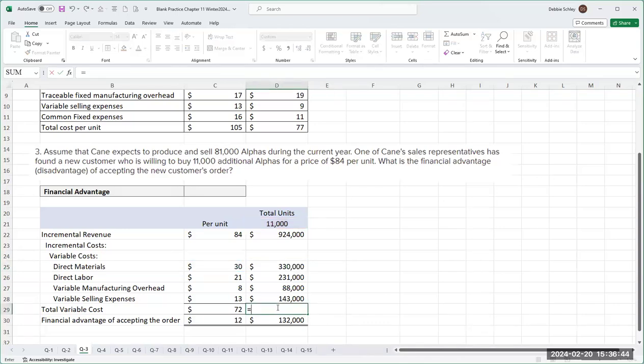And then I can drag this formula over because that's just the sum of those numbers, right? The cost. And then if I go equals the total sales minus the total variable, the contribution would be that same 132,000. So that's the financial advantage.